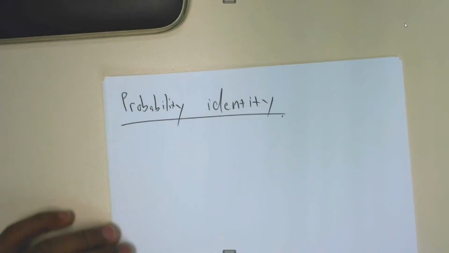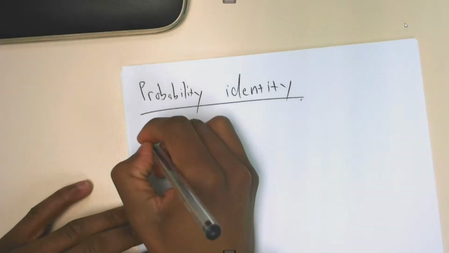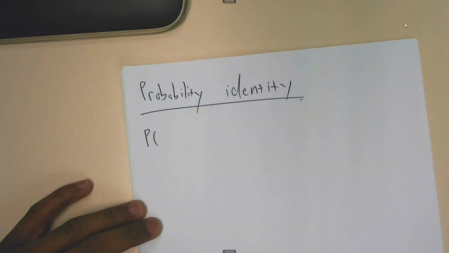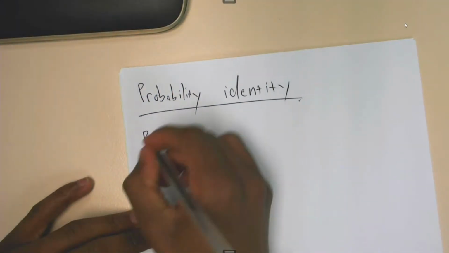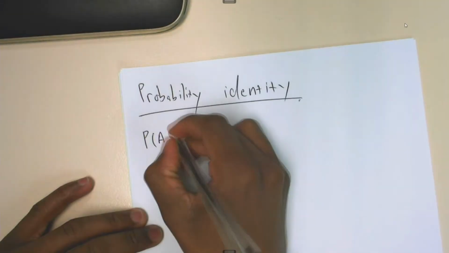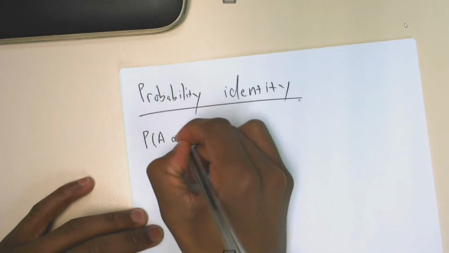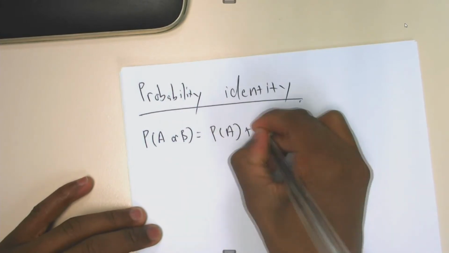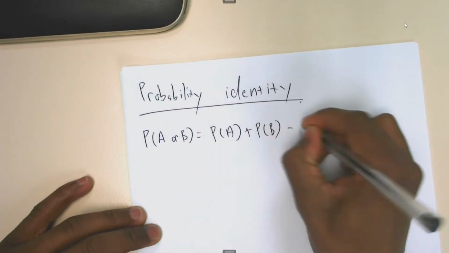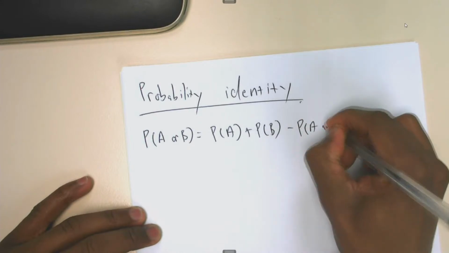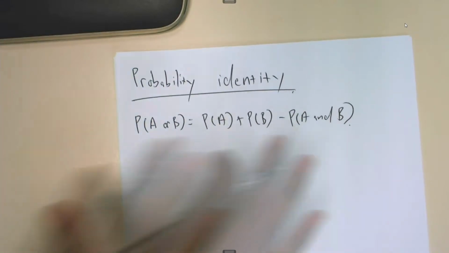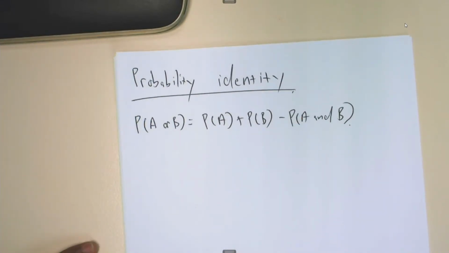There's an equation that we apply to help us solve problems regarding this. It says the probability of A or B is equal to the probability of A plus the probability of event B minus the probability of event A and B. So this is the equation that we normally use when working with problems that are related to the probability identity.